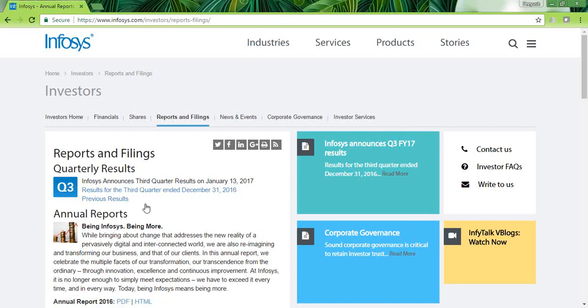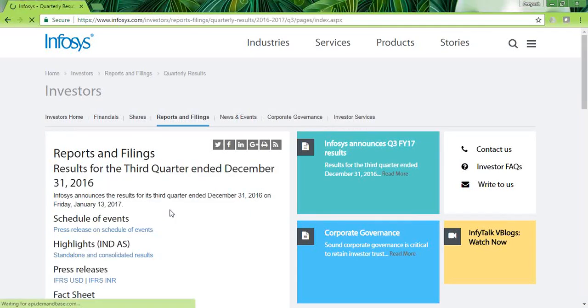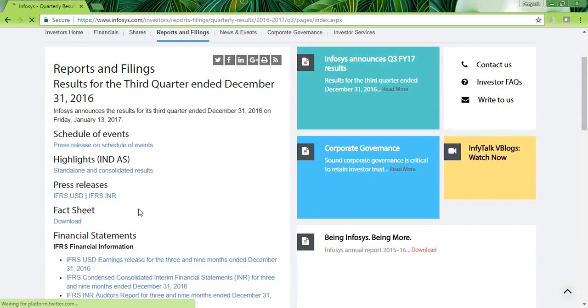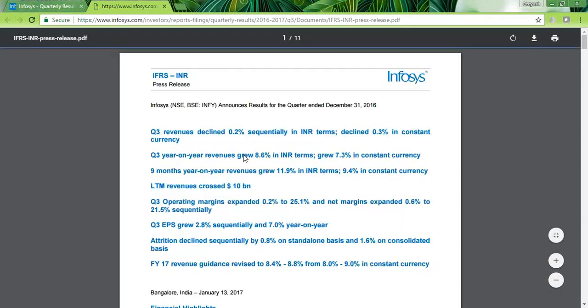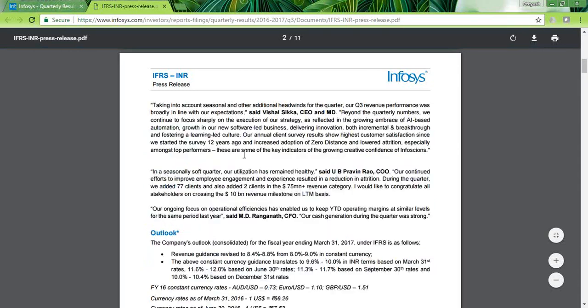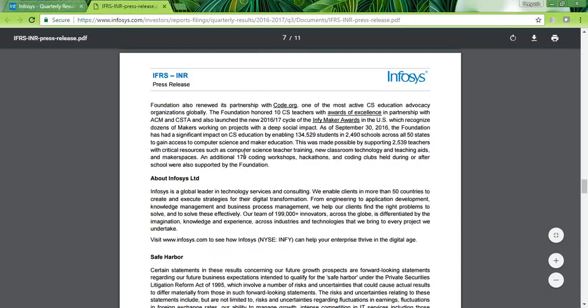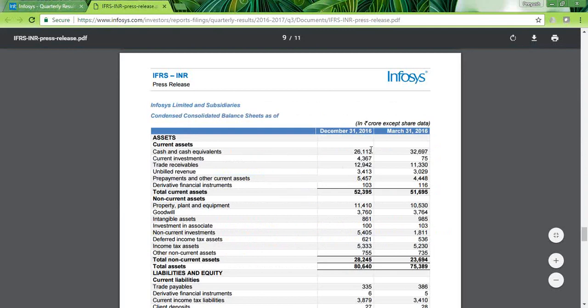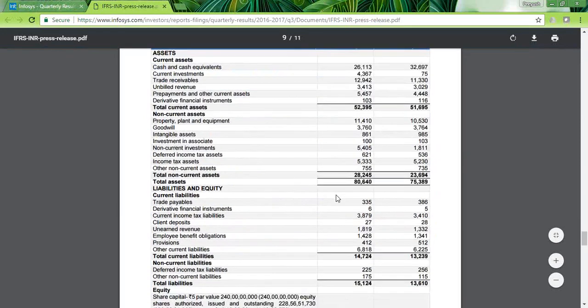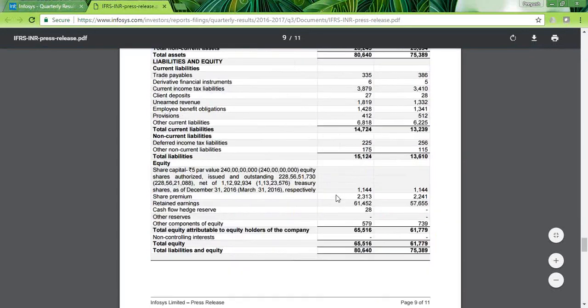If we want to find the latest numbers, then we can find out the numbers for the third quarter results. And if we remember, we had this press release of IFRS INR, which we were looking at in the context of our price to earnings ratio calculation as well. And we can look at what is the data of the company. The company must have released some balance sheet for the year here. And when you look at the liabilities of the company, you have the equity value given here.